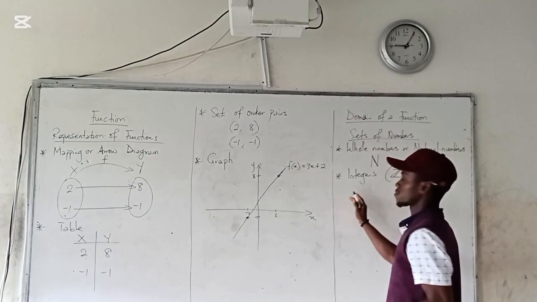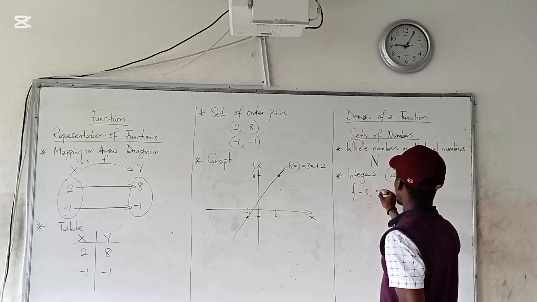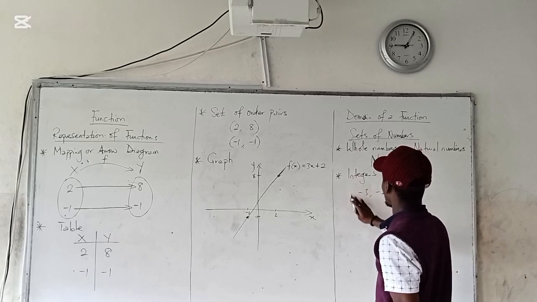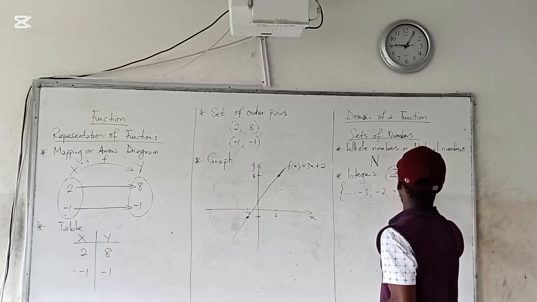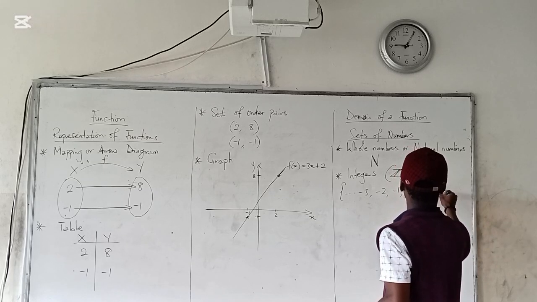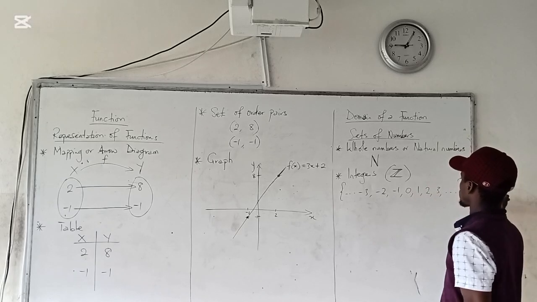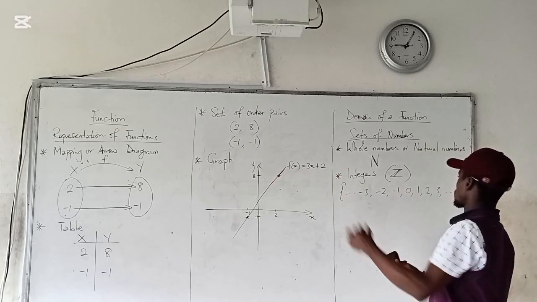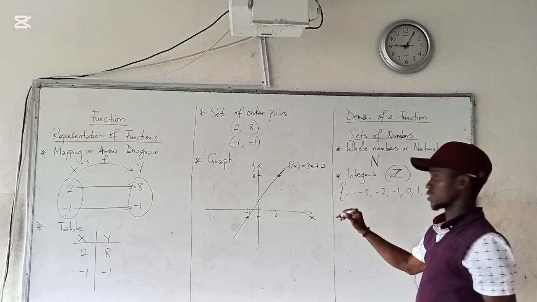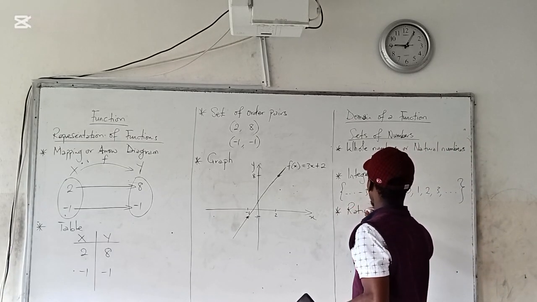Now, like I said, integers, you have negative numbers, -3, -2, -1, 0, 1, 2, 3. So you have 0 in the middle, positive whole numbers here, negative whole numbers here. So this is what we call integers. Now, after integers, you have what we call rational numbers.